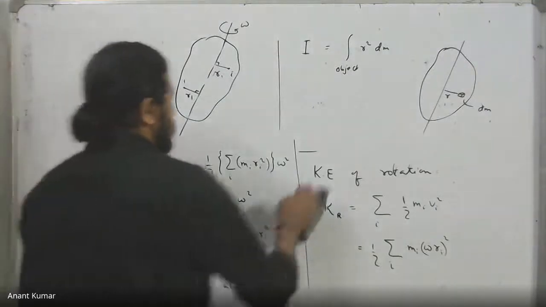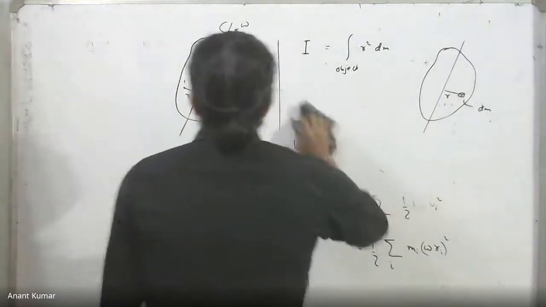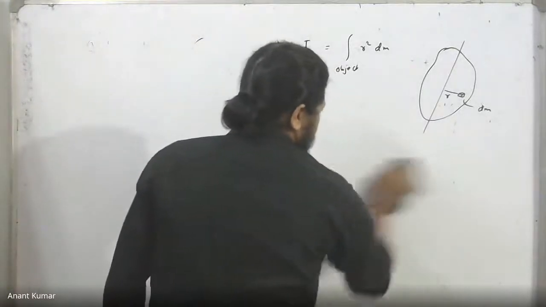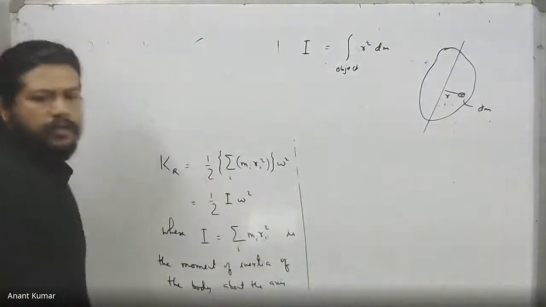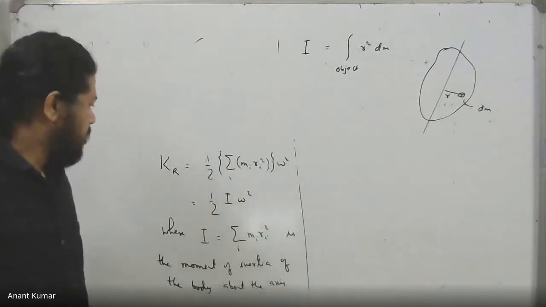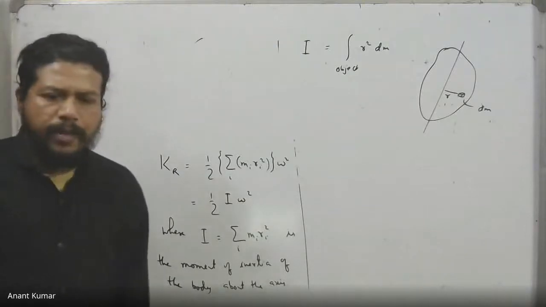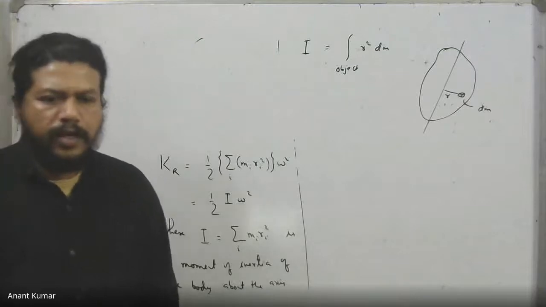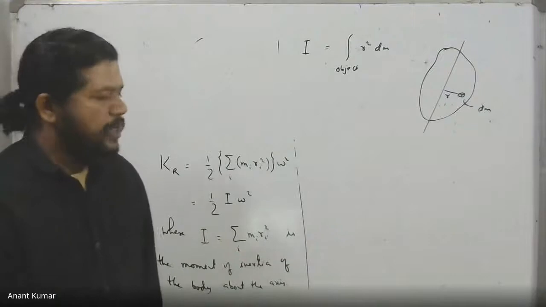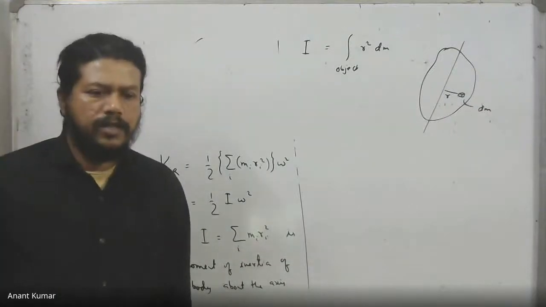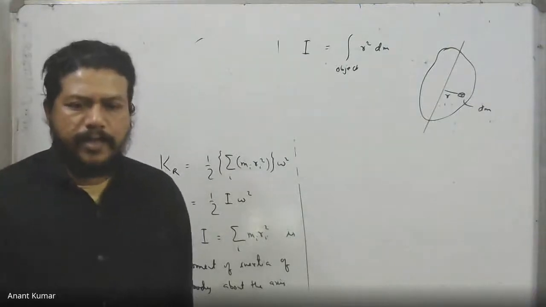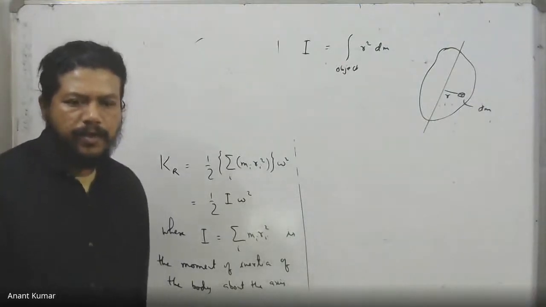First of all, the SI unit is going to be kg meter square, but obvious. You also notice in this case that if it happens that all the mass of the body is concentrated at the same distance from the axis, I mean, if the mass distribution is such that all mass is located at the same distance from the axis, in that case, the result becomes rather simple.